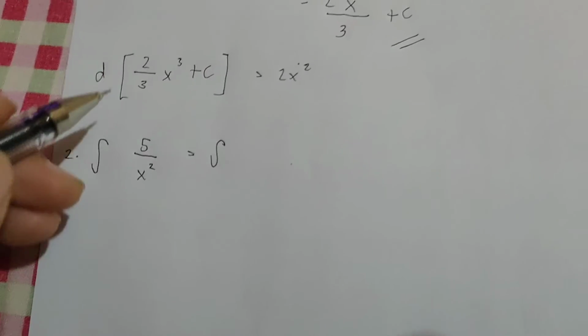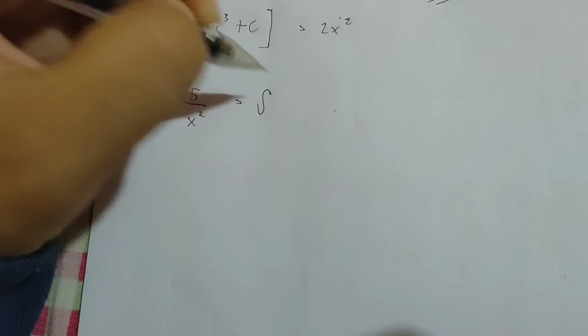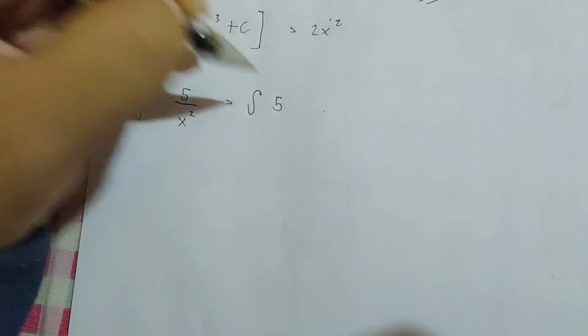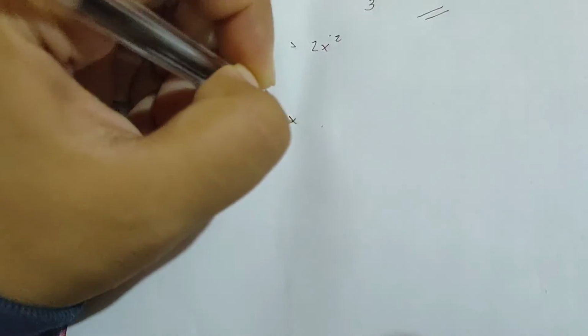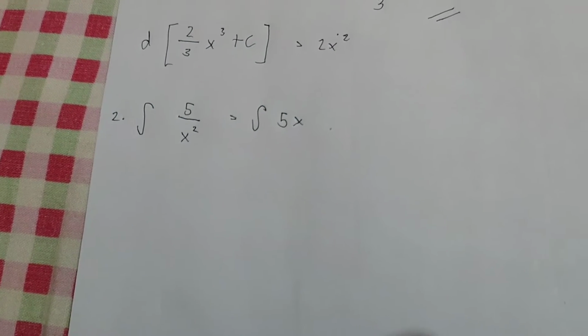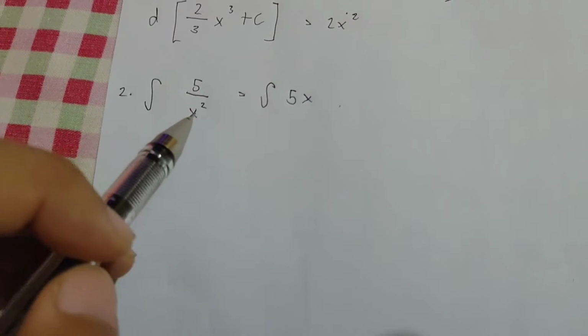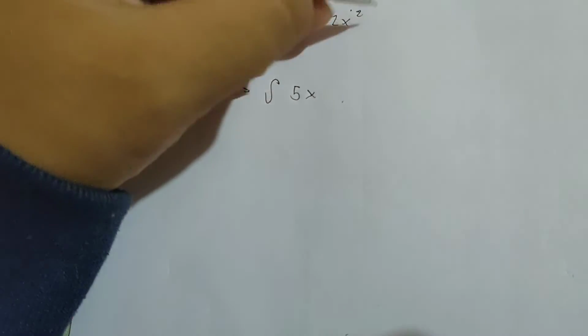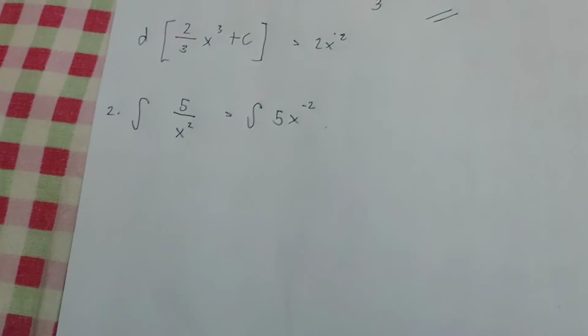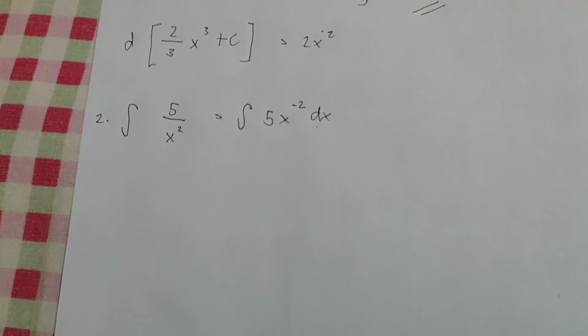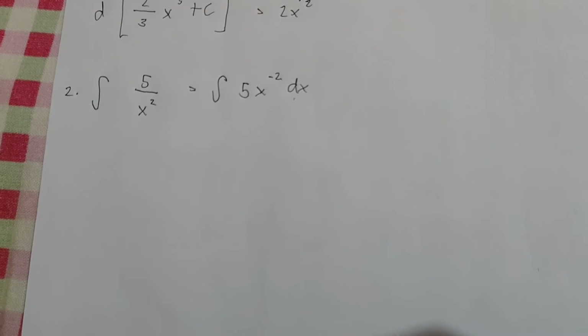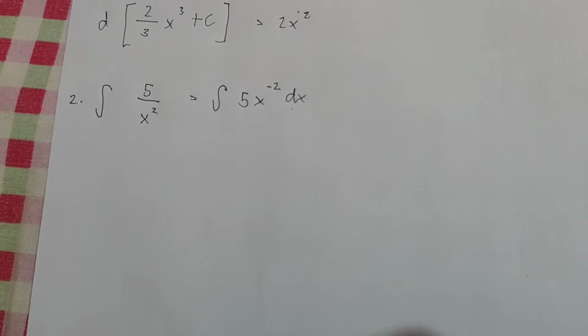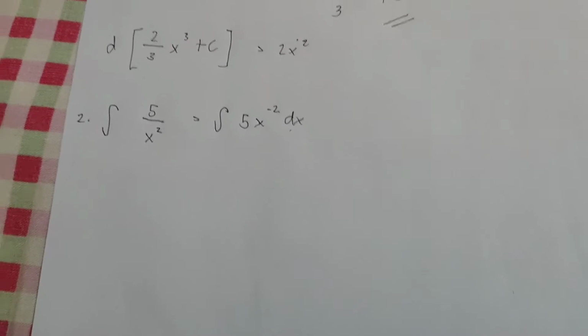So to rewrite, we will just put 5 x, and our sign in our exponent should be negative, x to the negative 2, and dx. That's how you rewrite a fraction if you want to integrate it.